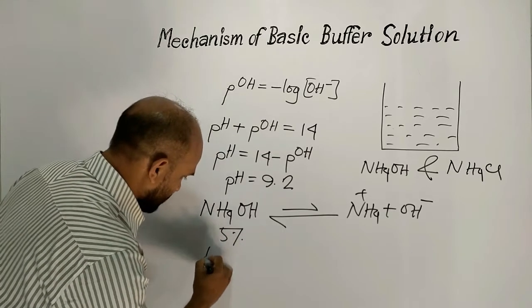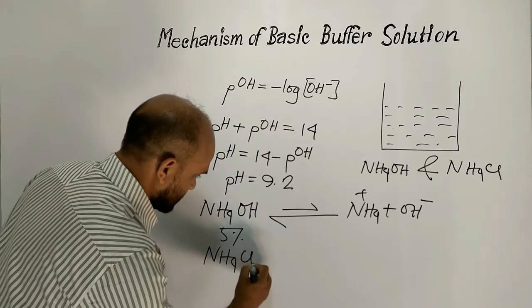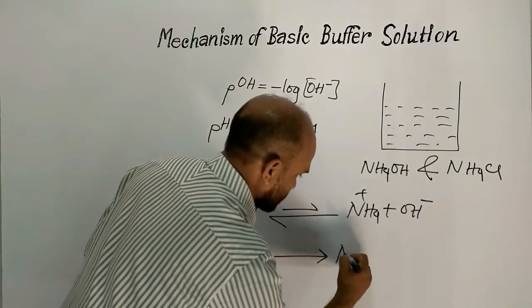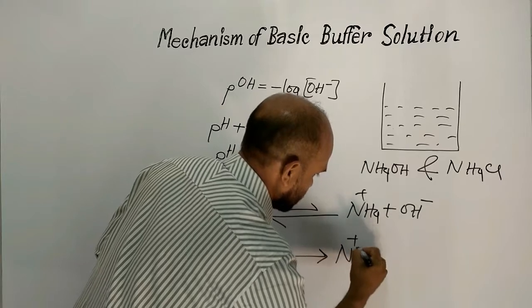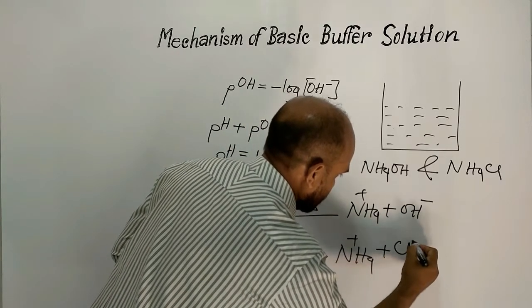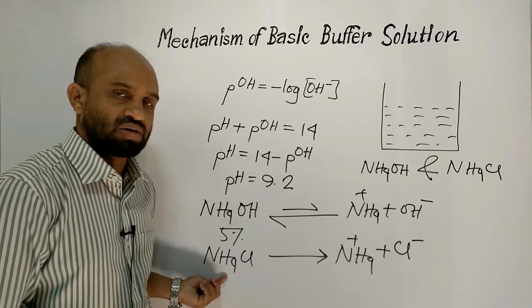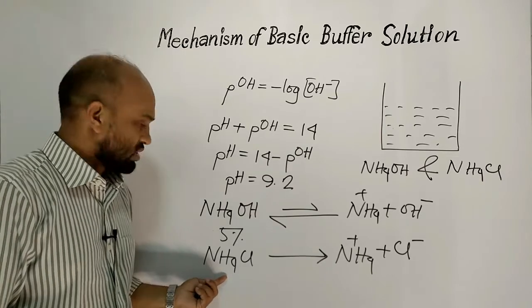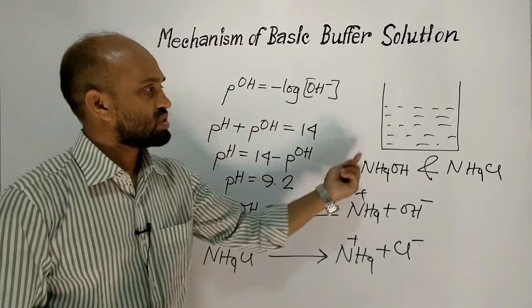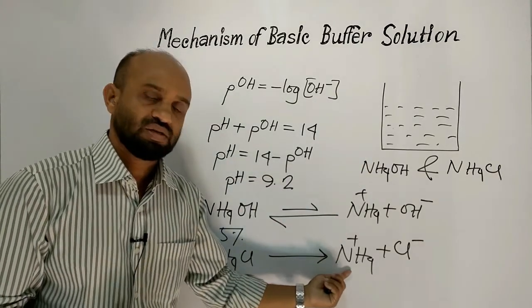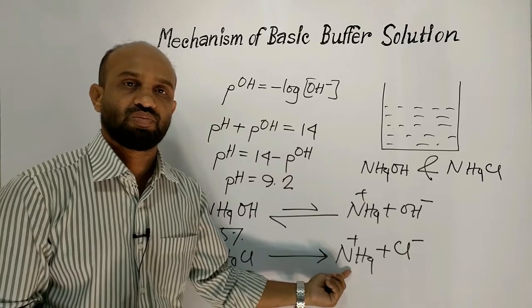But ammonium chloride is a kind of salt that ionizes to ammonium ion and chloride ion. It ionizes 100%.